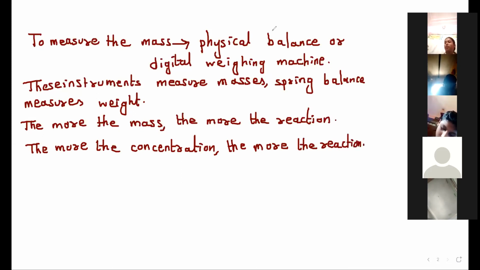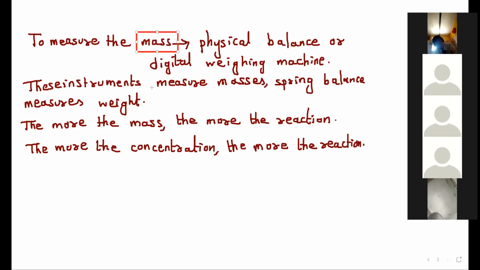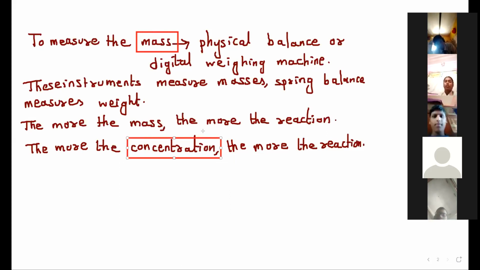So till now we have got a few factors: one is the mass, next is concentration. Again, we will know about the third factor, which is the temperature.